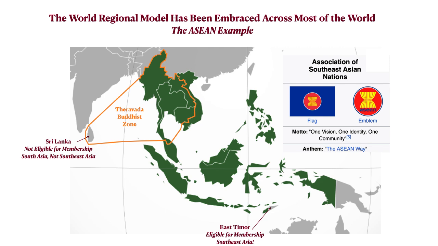So there are a lot of pretty deep cultural connections between Sri Lanka and, let's say, Thailand and Burma. But when Sri Lanka asked about possibly joining, they were told, no, how can you? You're South Asia, not Southeast Asia.